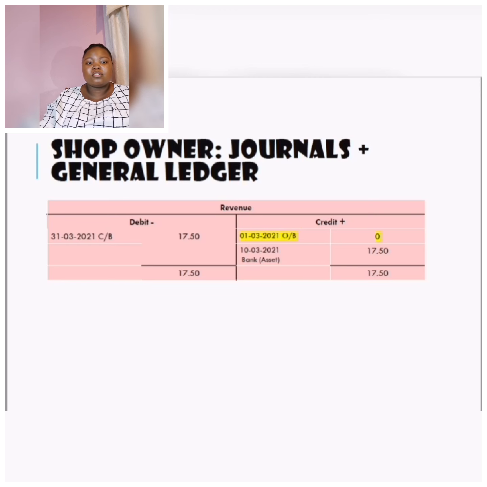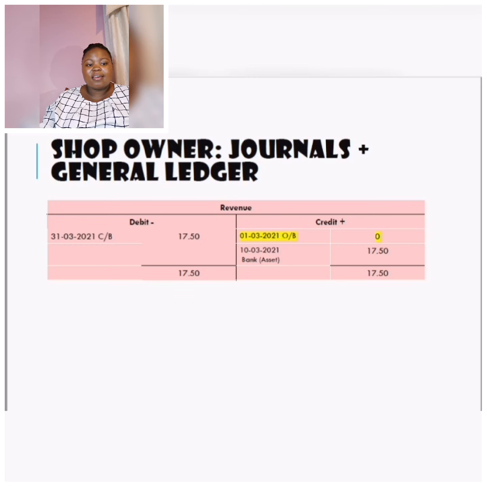Okay, we've already spoken about inventory and cost of sales. Now, we'll see why we're doing it. Okay, I highlighted. For now, I just assumed that inventory didn't have anything. The only stuff that he has is the bank. But inventory is a balance sheet item, so it will have an opening balance. But your cost of sales will not have an opening balance because it's on your income statement.